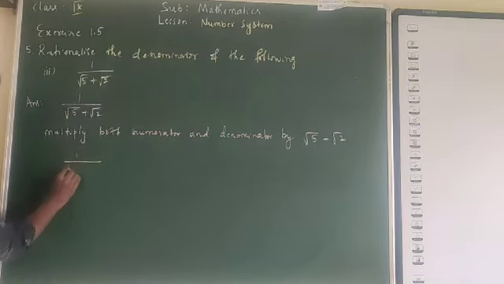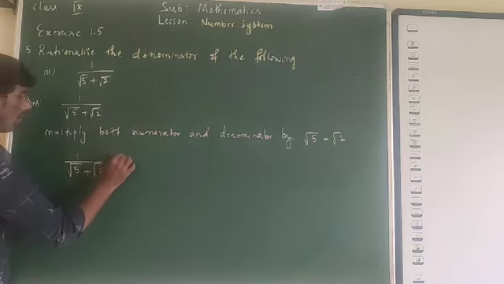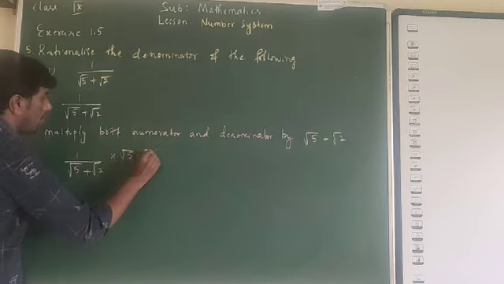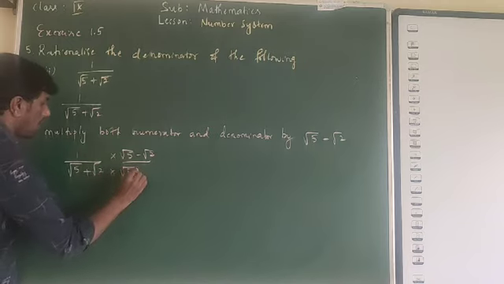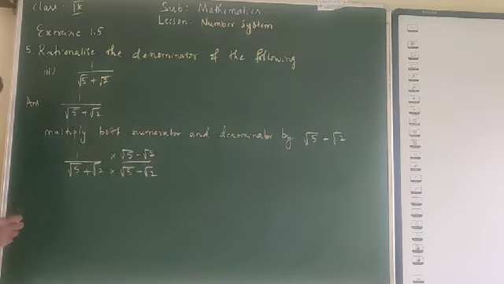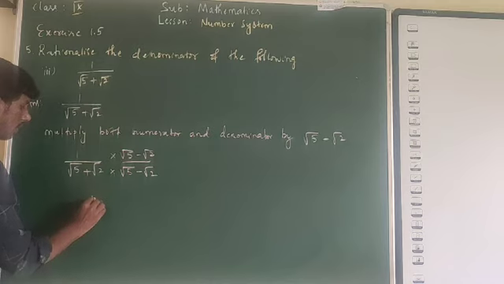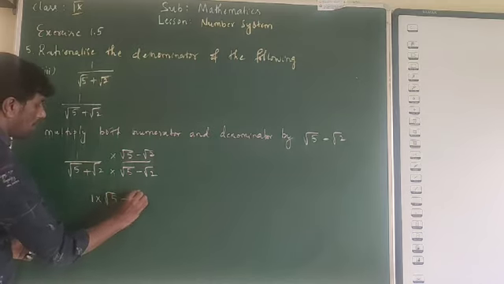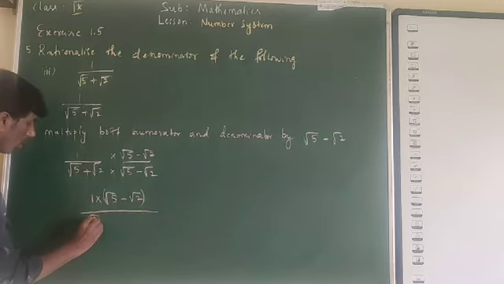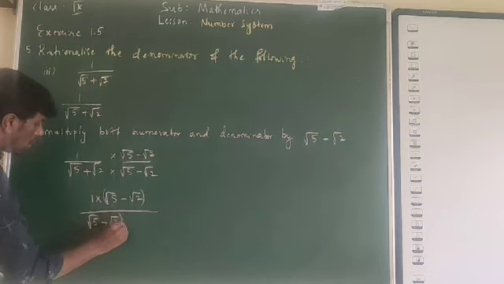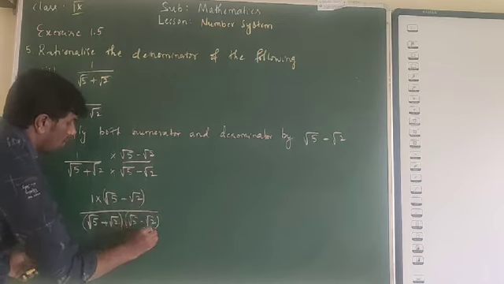So 1 by root 5 plus root 2, multiplied in the numerator by root 5 minus root 2, and the denominator also multiplied by root 5 minus root 2. Clear? Now simplification: multiply the numerator 1 into root 5 minus root 2. In the denominator, root 5 plus root 2 into root 5 minus root 2.